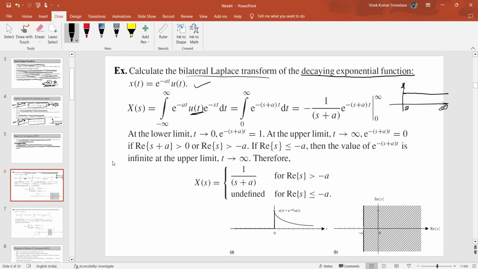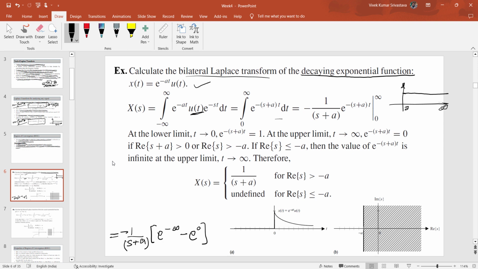Now we can evaluate this integral. Once you evaluate, you will get minus 1 over s plus a into e raised to the power minus (s plus a) t, with limits from 0 to infinity. From here we can see that this integral is written as minus 1 over s plus a, in brackets, e raised to the power minus infinity minus e raised to the power 0.